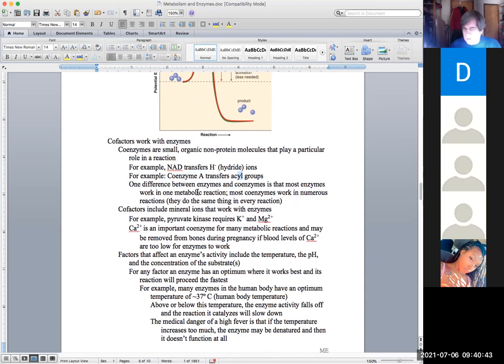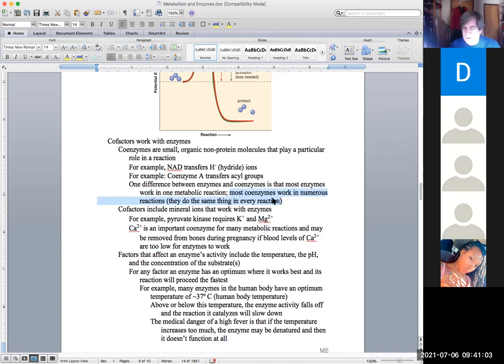Now, one big difference between enzymes and coenzymes: most enzymes only work in one metabolic reaction. Most coenzymes work in lots and lots of different metabolic reactions. They always do the same thing.